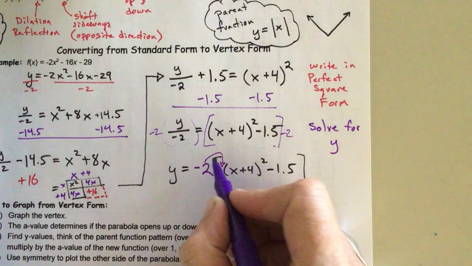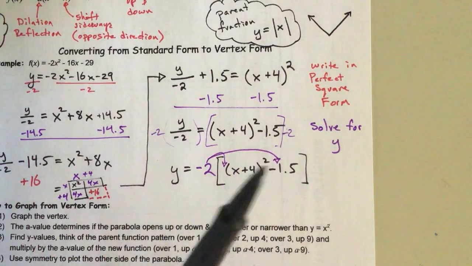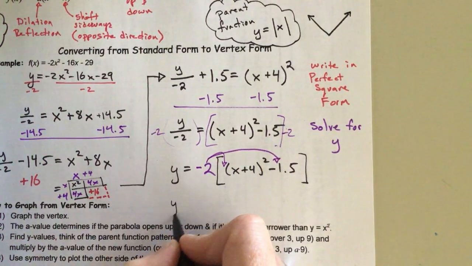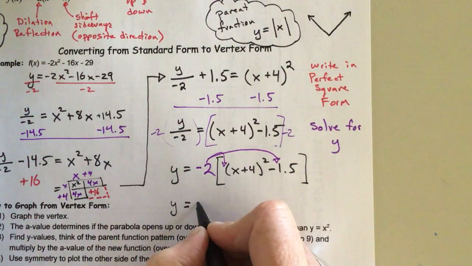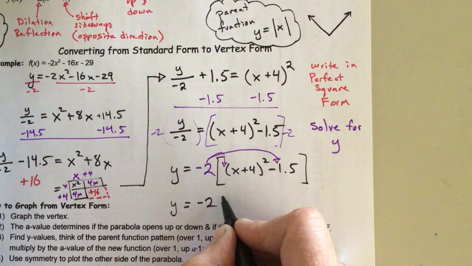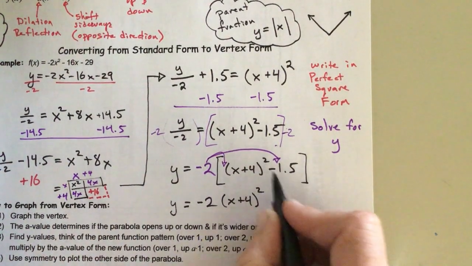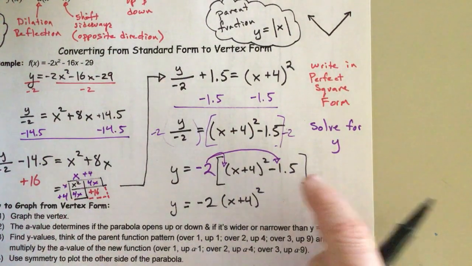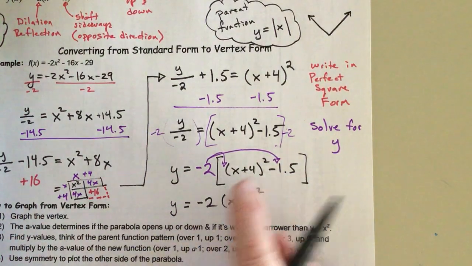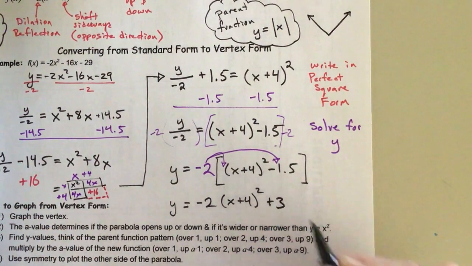It's going to go right there and then right there. And so y equals negative 2 times the square, and then 2 of 1.5 is 3, and a negative times a negative is a positive.